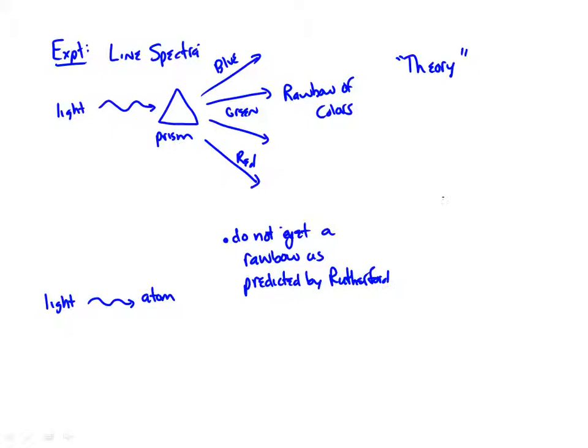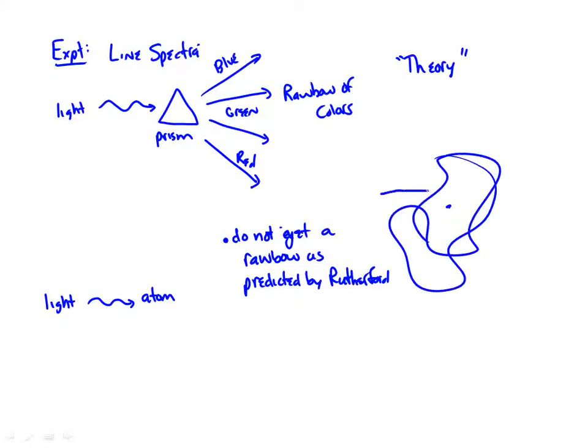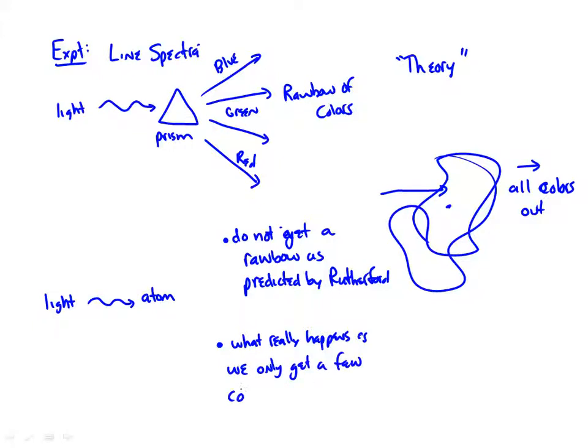So the way Rutherford's model would work is if I've got an electron and I've got things like this, if I shone light at it, then I could get all colors out. What really happens is we only get a few colors out. And that's why they're called line spectra.